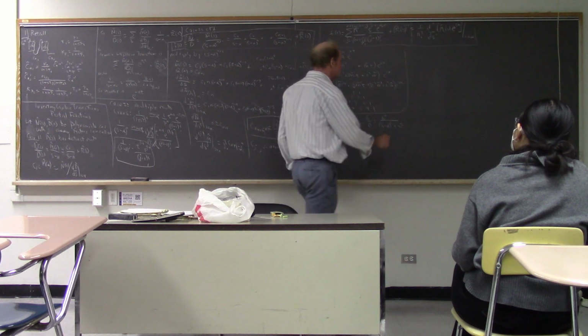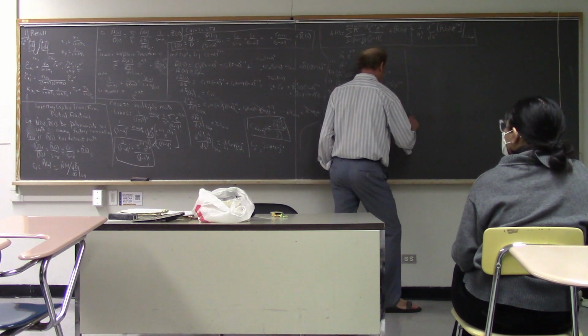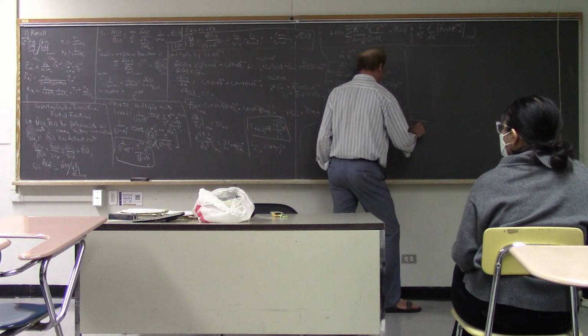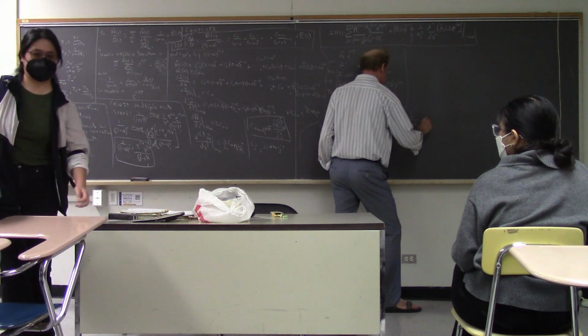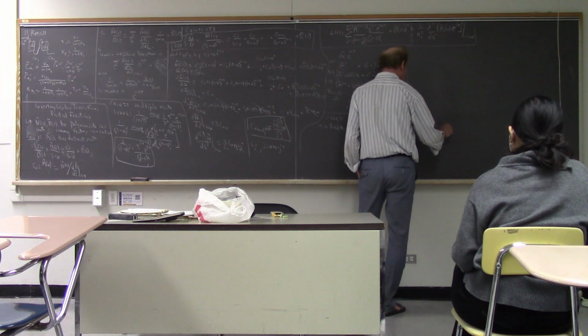If you factor this, you get n tilde divided by s minus alpha plus i omega times s minus alpha minus i omega.